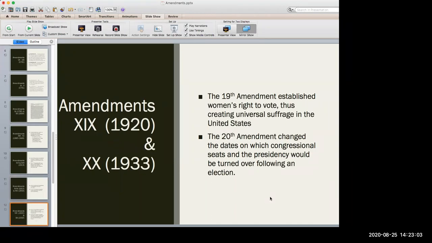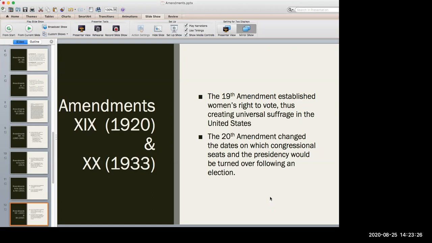Now, the interesting thing about the 19th Amendment is it was not applied universally. So there were still impediments to voting. There were still things that prevented people from voting. Age, having to pay a poll tax.